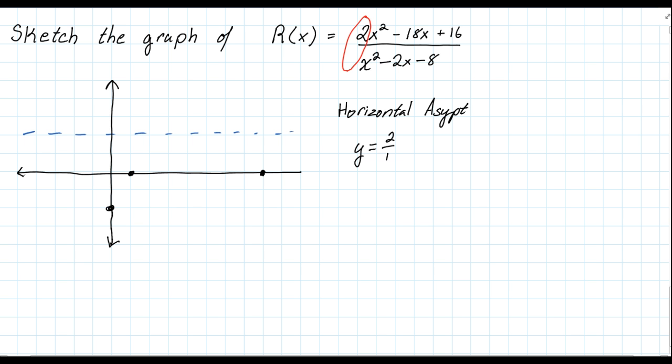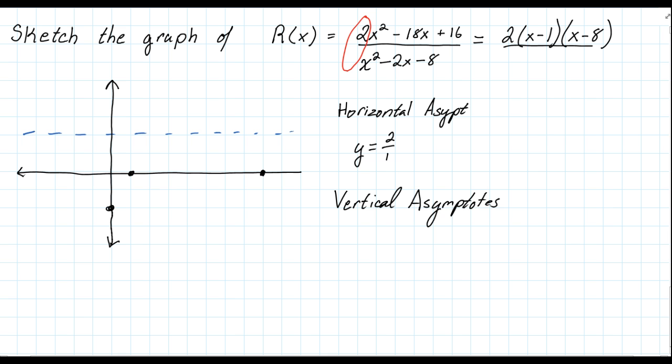So next let's work on vertical asymptotes. And for that, let's go ahead and factor our rational function just to make sure it's reduced. We already factored the top. And the denominator is going to factor as x plus 2 times x minus 4.